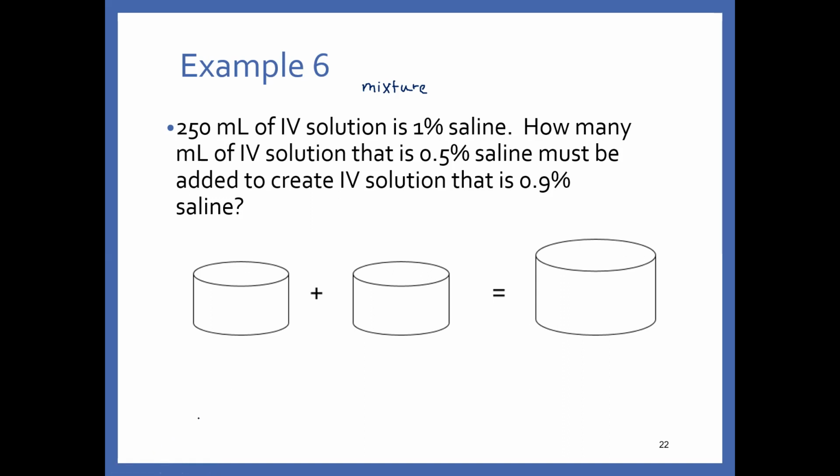Reading through the word problem again, it says there are 250 milliliters, so I'm going to put that on the bottom here as the amount in this container, and it is 1% saline. And it asked me how many milliliters, so because it asked how many milliliters, I don't know. So I'm going to use X milliliters in this next container, and it is 0.5% saline.